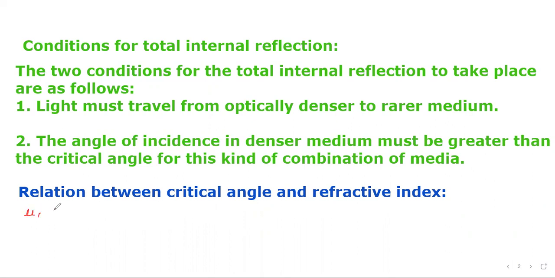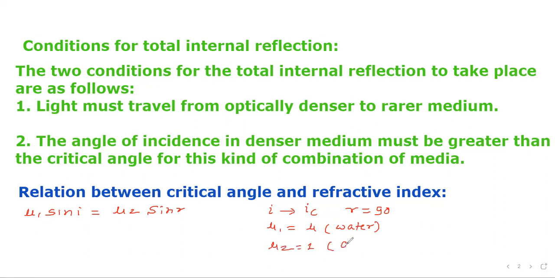Now, let's derive the relation between critical angle and refractive index. We know that mu1 sin i is equal to mu2 sin r. Here, for the critical angle, i equals iC, and r becomes 90 degrees. mu1 is mu for the denser medium; here we have taken water. And mu2 equals 1 for air.